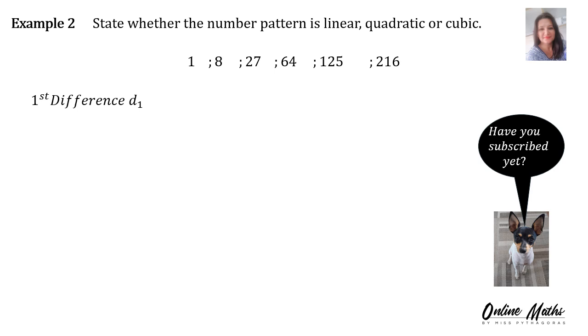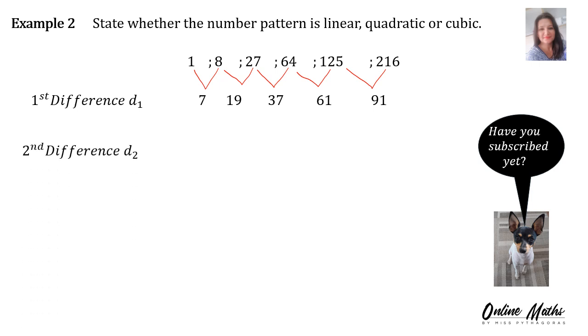I start with the first difference. 8 minus 1 is 7, 27 minus 8 is 19, 64 minus 27 is 37, 125 minus 64 is 61, 216 minus 125 is 91. That's the first difference. Let's work out the second difference.